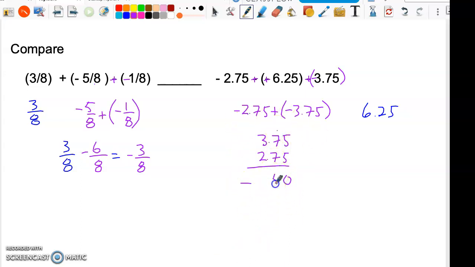That's 6.5. So I have -6.5 plus positive 6.25. 6.5 is the bigger number, it's negative, so my answer is going to be negative. And I have 6.5 minus 6.25. It's going to be 0.25, because 50 minus 25 is 25.